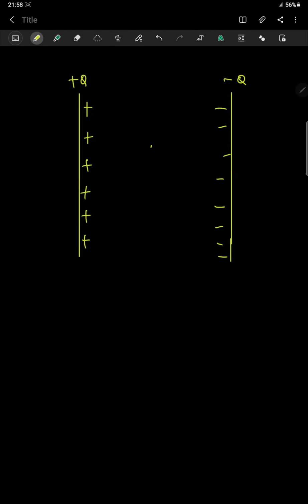And what is the electric field between the two plates? Just now I calculated it: sigma by epsilon naught.